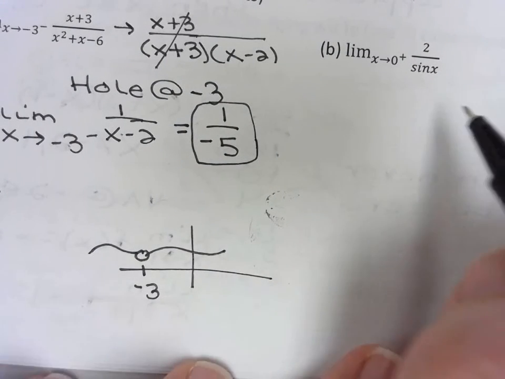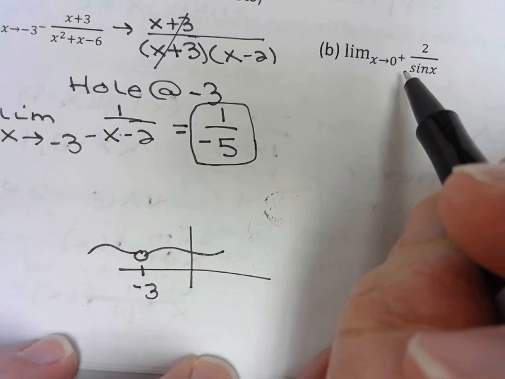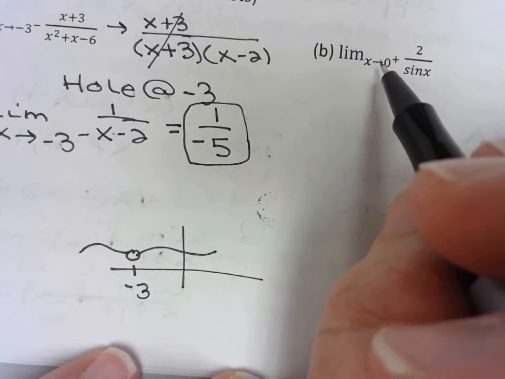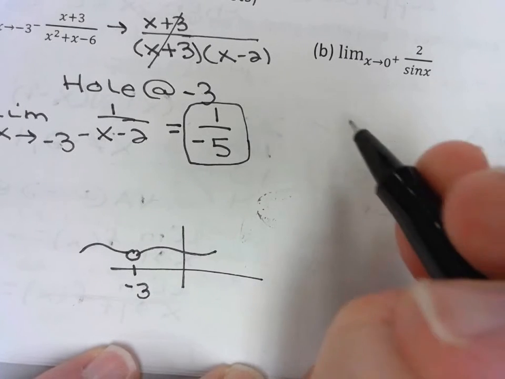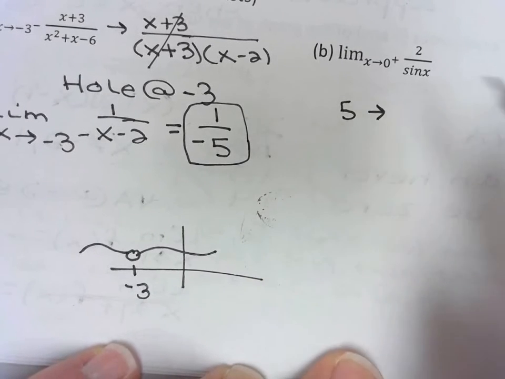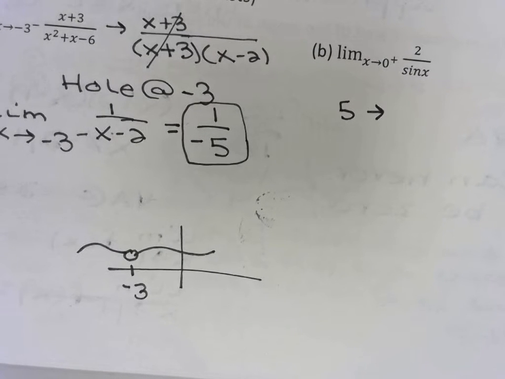Let's just start plugging in values. As I get closer and closer to 0, have your calculator ready. As I approach 0 from the right, let's just see what I get. So let's try, I don't know, plug in 5. So do 2 divided by sine of 5. And you would probably just assume you're going to be in radians unless they give you the degree symbol.